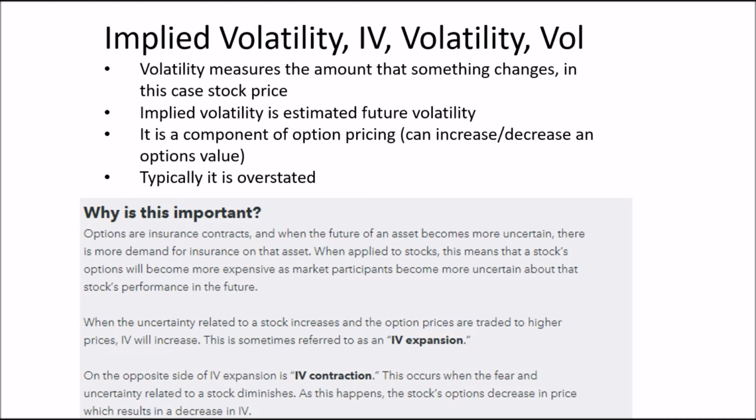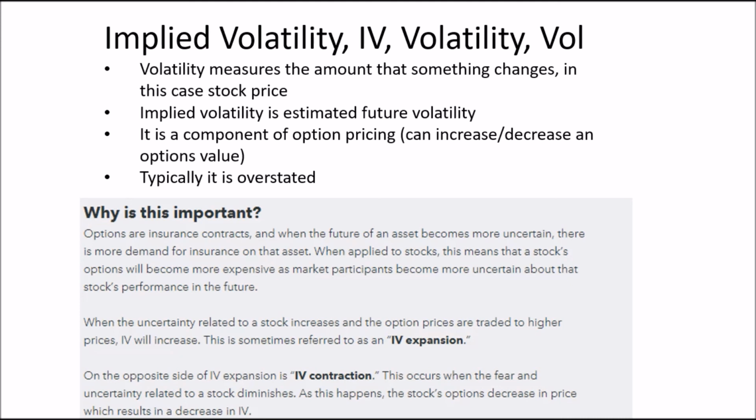And what I mean by that is, typically they will price the options a lot higher than they really should be to overcompensate for what they think the volatility would be. So typically your option prices are overstated or overinflated to account for the unknown of volatility that's going to happen in the future. So you're paying more for those options because of the unknown factor for this future volatility.